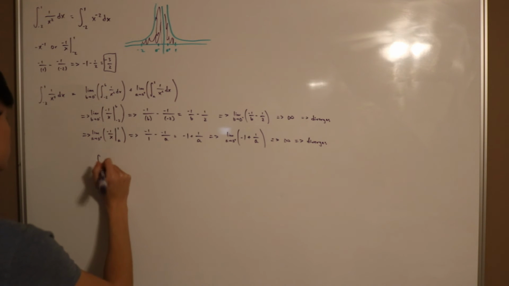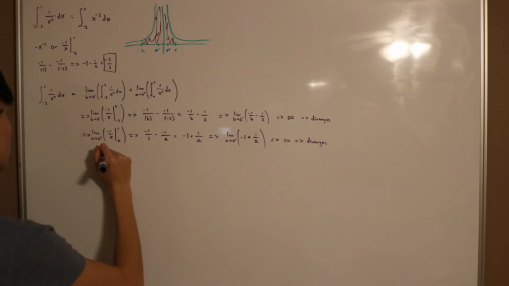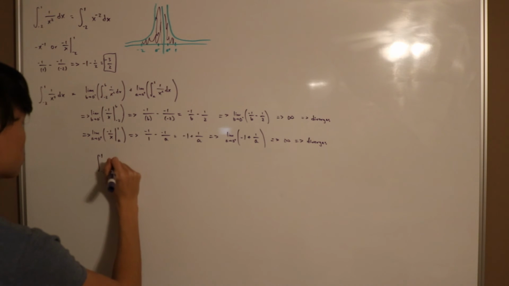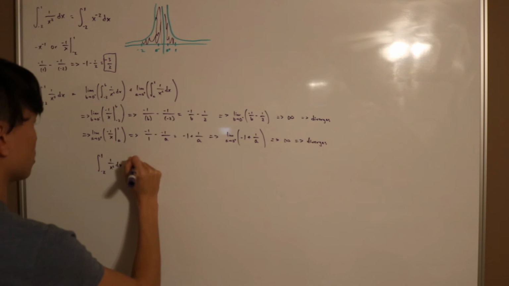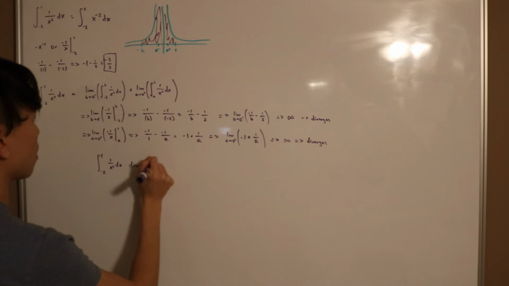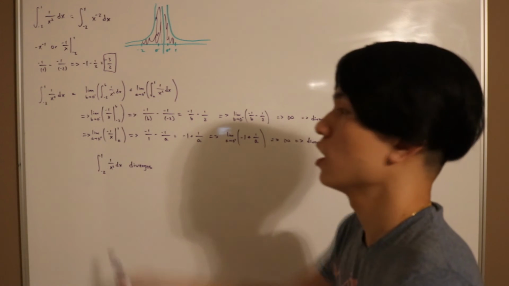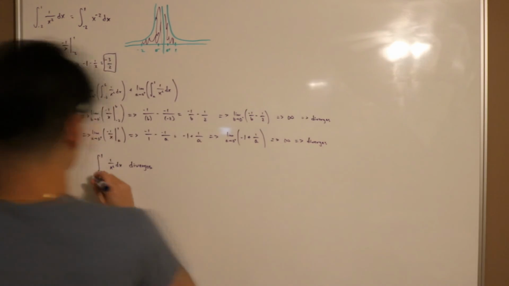So our final answer is that the integral from negative 2 to positive 1 of 1 over x squared dx diverges. There is no finite number because it is not convergent, it is divergent. That is all your answer has to be.